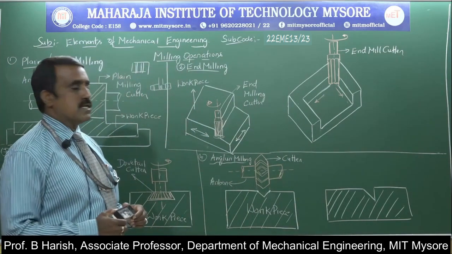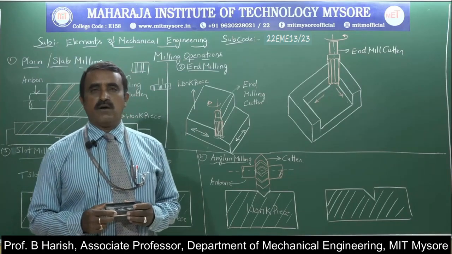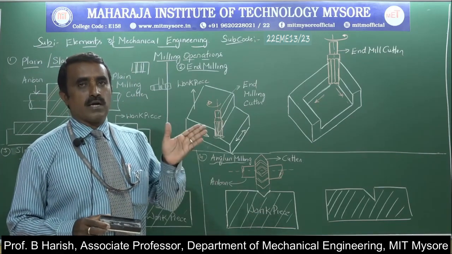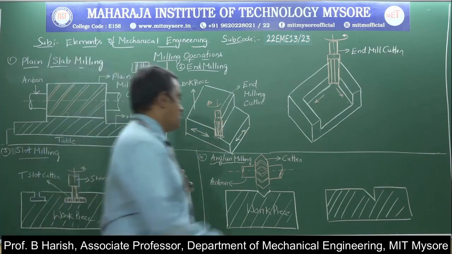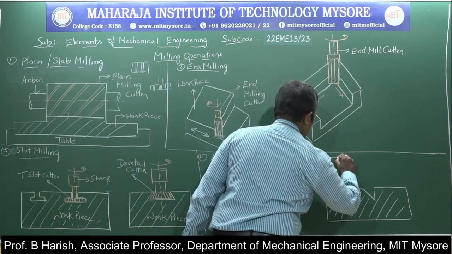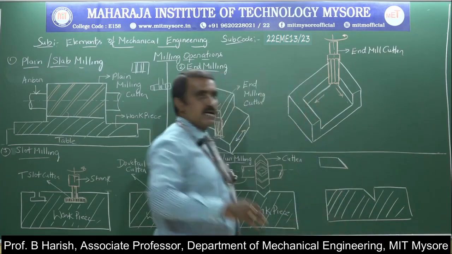Then the next one is angular milling. Angular milling is an operation performed in order to get an angle cut. If you want to cut an angular surface, once again two sketches are there. It may be like this, where if you want to cut this surface, the vertical surface should be cut at an angle.